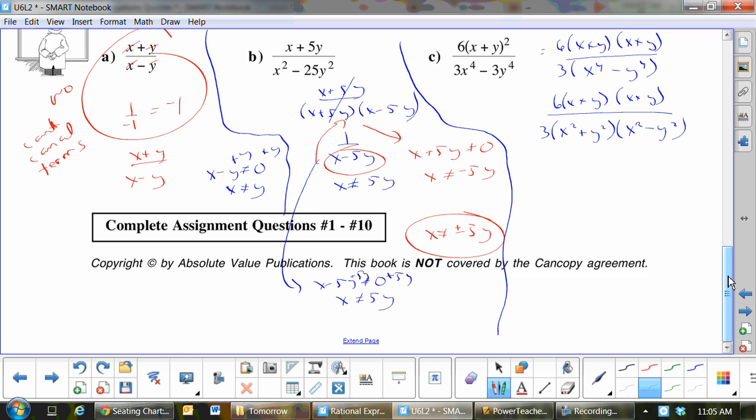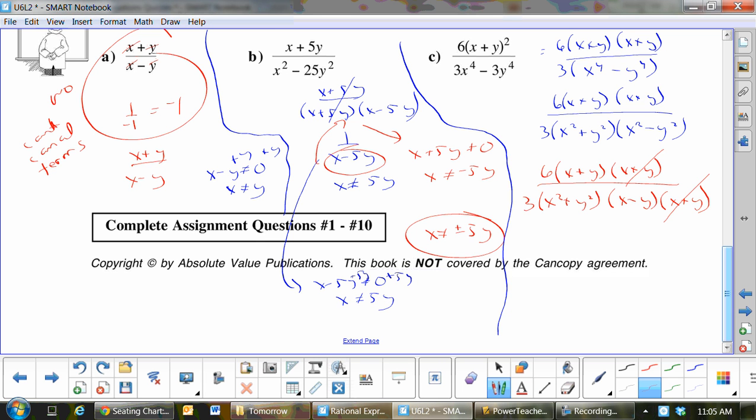Good. So 6 times x plus y, x plus y, all over 3 times x squared plus y squared times x minus y times x plus y. Okay, so cancel, cancel.